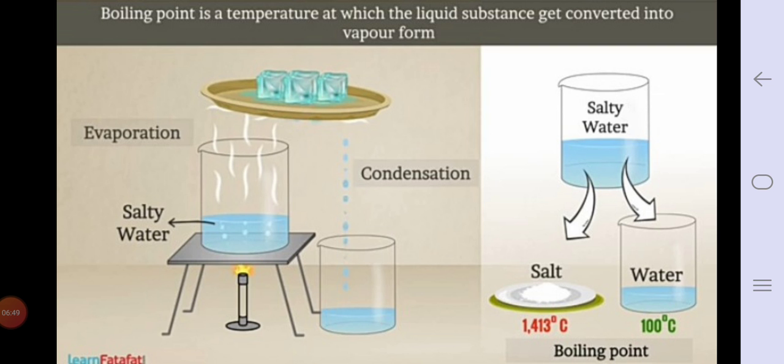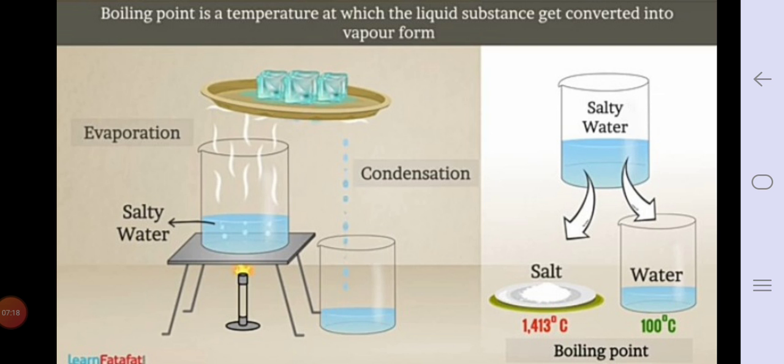You can see in another picture, from the salty water mixture we have obtained salt and water. And what is the boiling point? Boiling point is the temperature at which a liquid substance gets converted into vapor form. The boiling point is also shown there, 100 degrees Celsius.